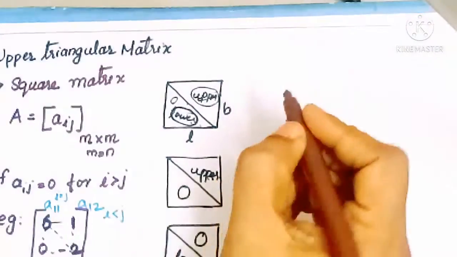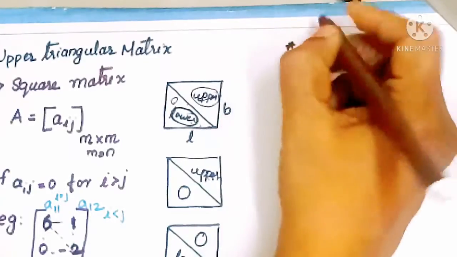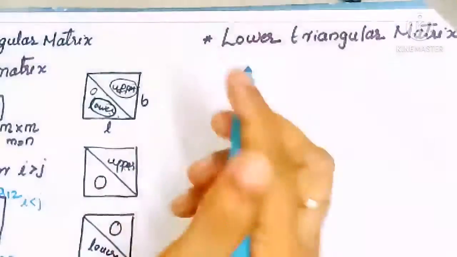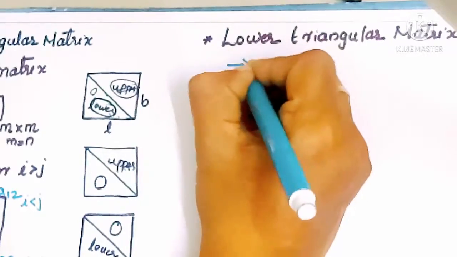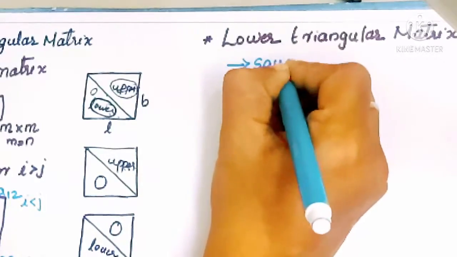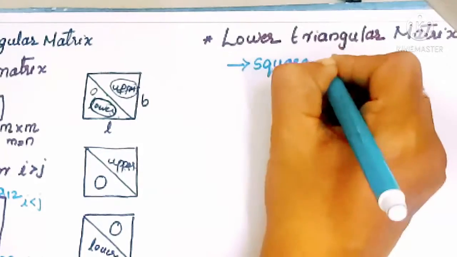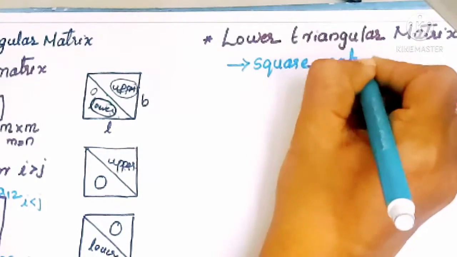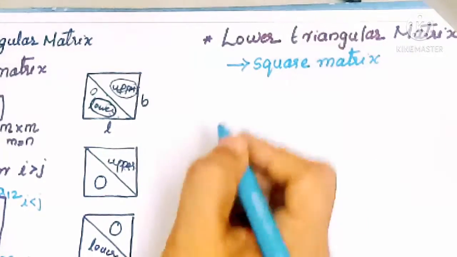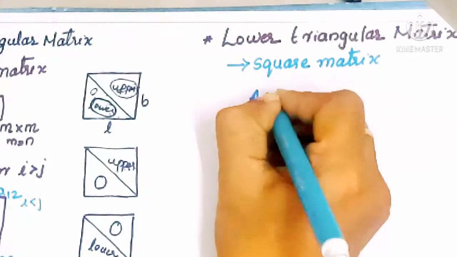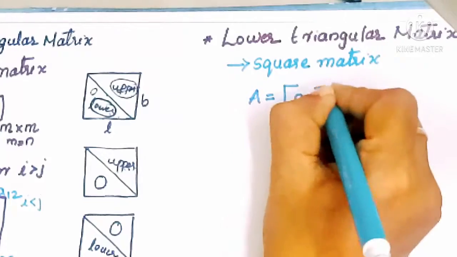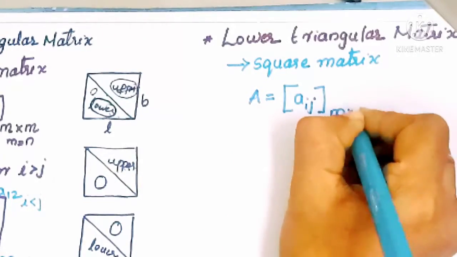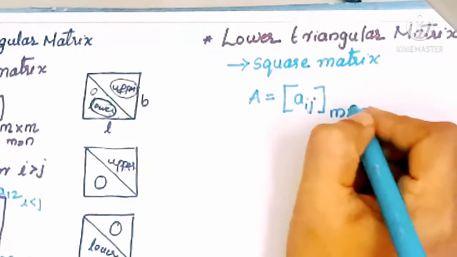Next, let us move to what is meant by a lower triangular matrix. This lower triangular matrix is only applicable for a square matrix. So we can write the condition of a square matrix: A is equal to Aij, m cross m, where m should be equal to n.